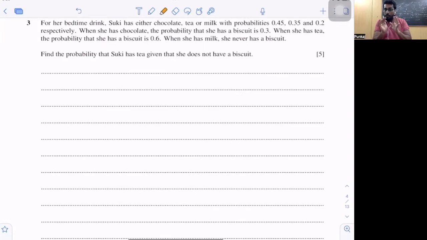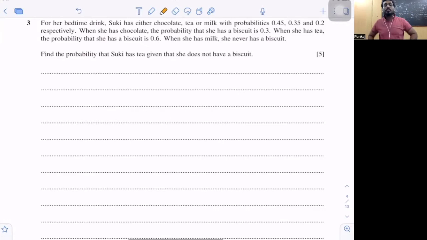Try and understand the question very carefully. The probabilities are given for having the biscuit with that particular drink. And the question says that you find the probability that Suki has tea, given that she does not have a biscuit. So she has not taken the biscuit, and you want to find the chance that she has taken a tea.